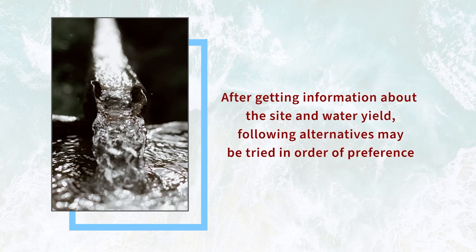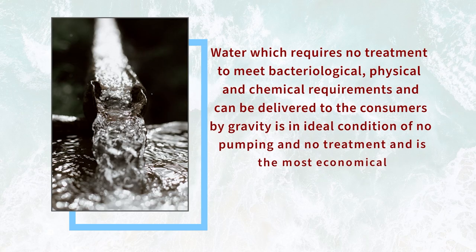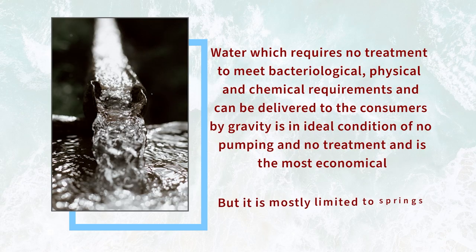After getting information about the site and water yield, the following alternatives may be tried in order of preference. Water which requires no treatment to meet bacteriological, physical, and chemical requirements and can be delivered to the consumer by gravity is the ideal condition of no pumping and no treatment and is the most economical, but it is mostly limited to springs.